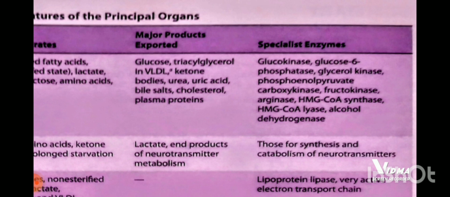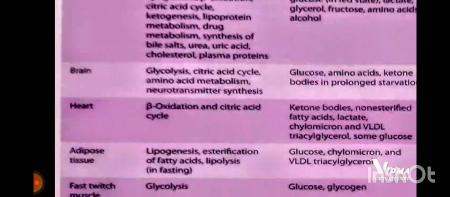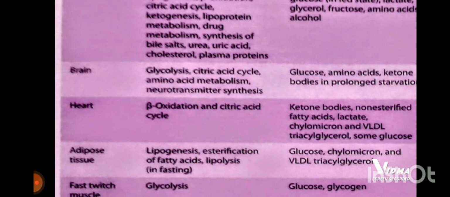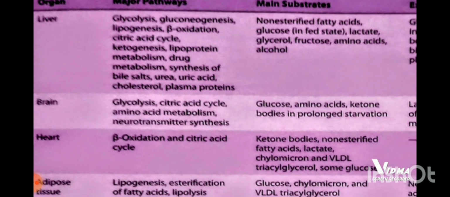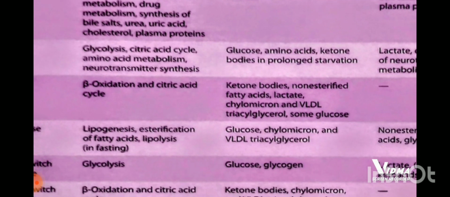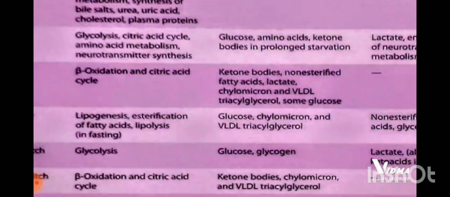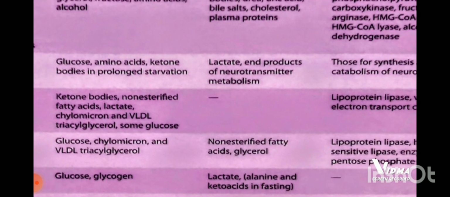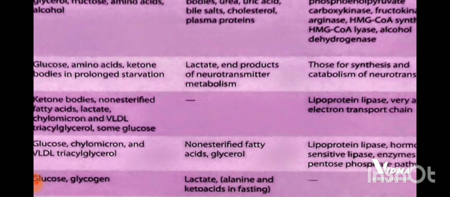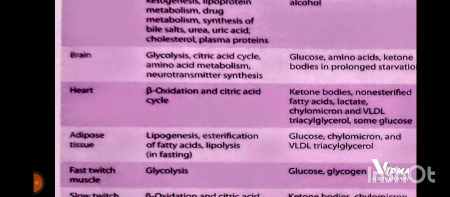The enzymes are for the synthesis and catabolism of neurotransmitters. In the heart: beta oxidation and citric acid cycle. Main substrates are ketone bodies, non-esterified fatty acid, lactate, chylomicron, VLDL, and triacylglycerol. The enzymes involved are lipoprotein lipase and a very active electron transport chain.